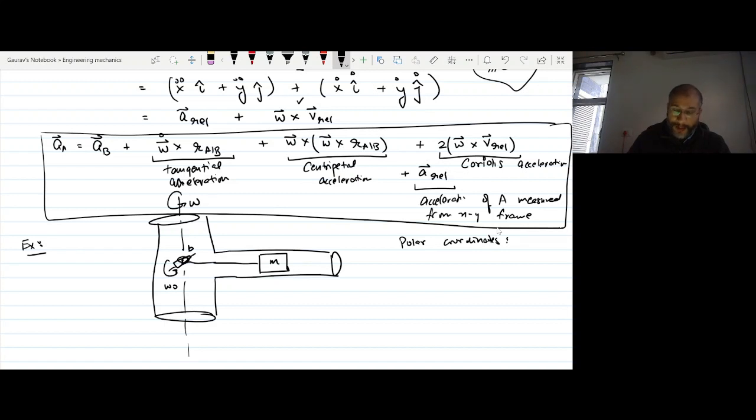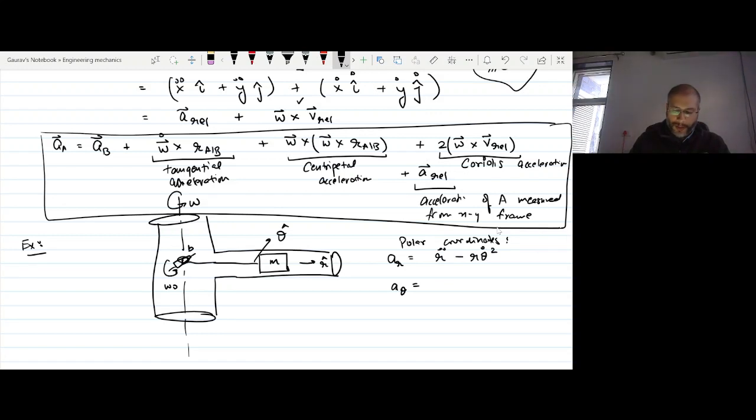Okay. So when we applied the polar coordinates, let's recall that. We said that A will have two components. One is along R, so this is your R hat direction, and there was a theta hat direction which was perpendicular to the tube at any instant. So this is A_R, and A theta is what we had to calculate. A_R is R double dot minus R theta dot squared.